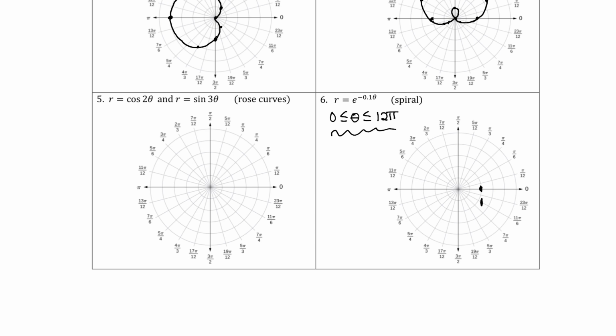Oh, if theta is 0, then it's 1. Oh, interesting. When theta is 0, I'm graphing 1.